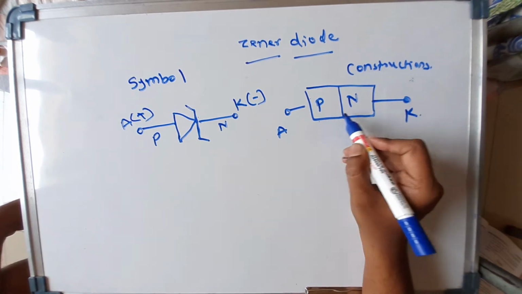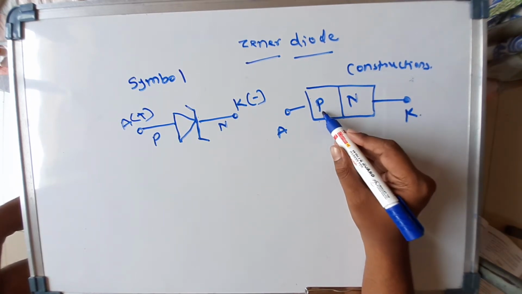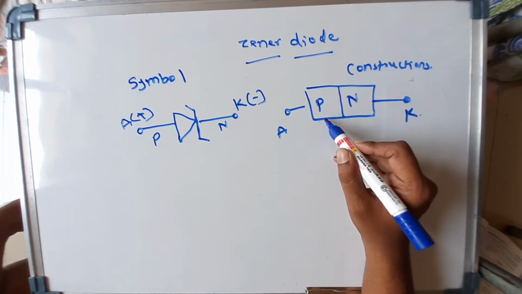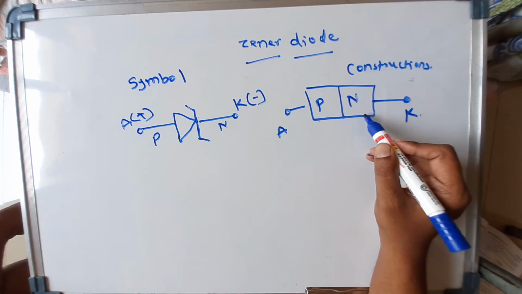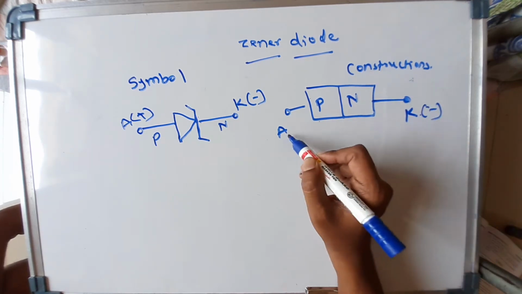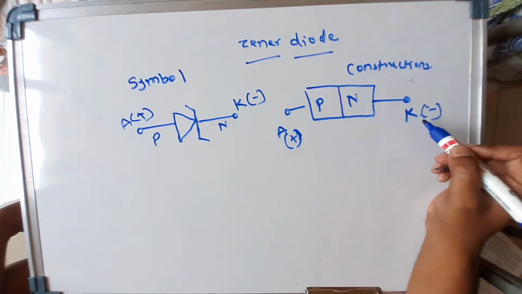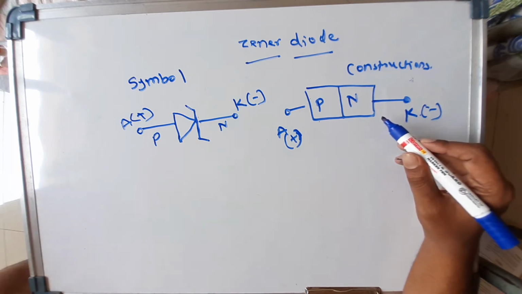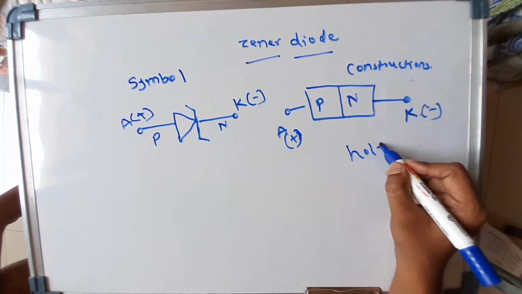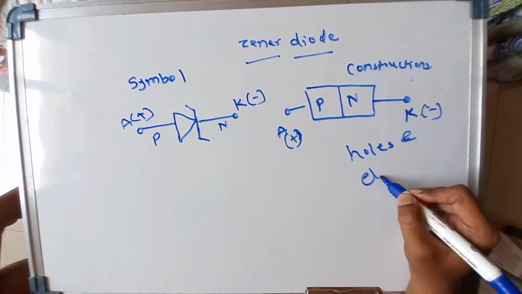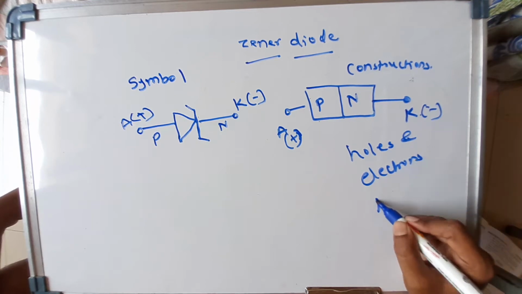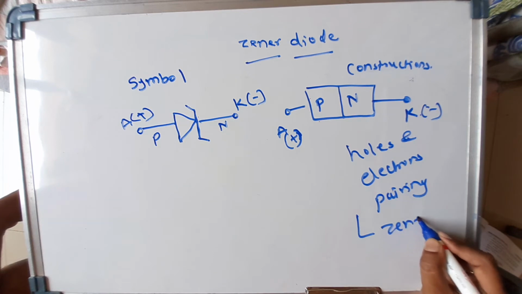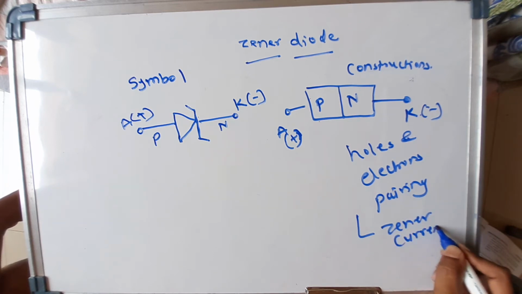So by using electron hole pair combinations, holes are positively charged, which are located at the P type of semiconductor, while electrons are negatively charged, cathode, anode is a positive. So electrons are negatively charged, which are located at the N type of semiconductor. So by using holes and electrons pairing, the current is flowing, that is called as a Zener current.